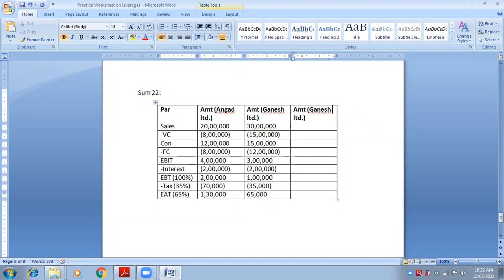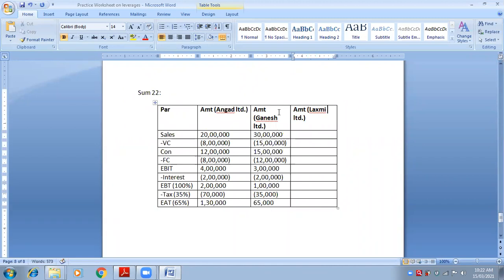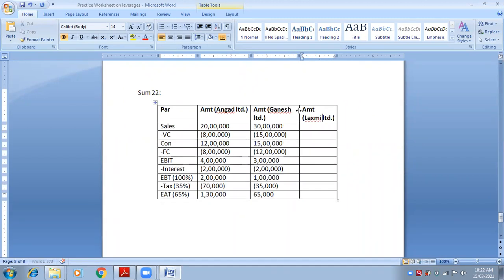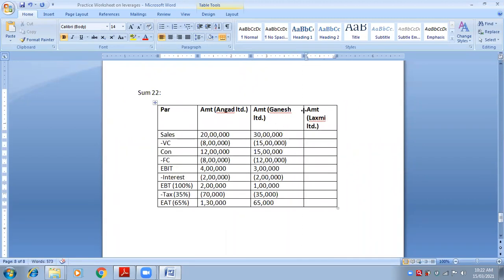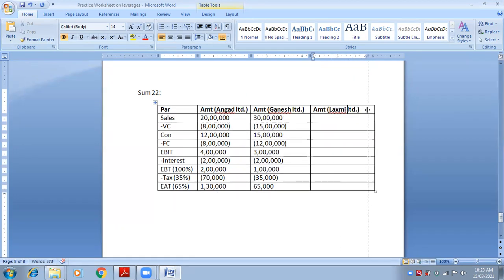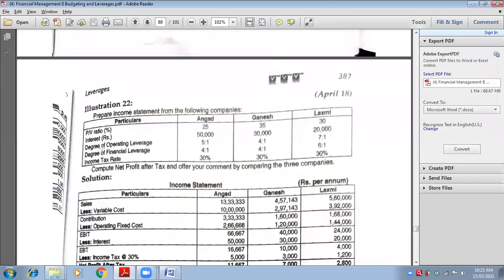So this will be Lakshmi Limited. 3 companies are there.